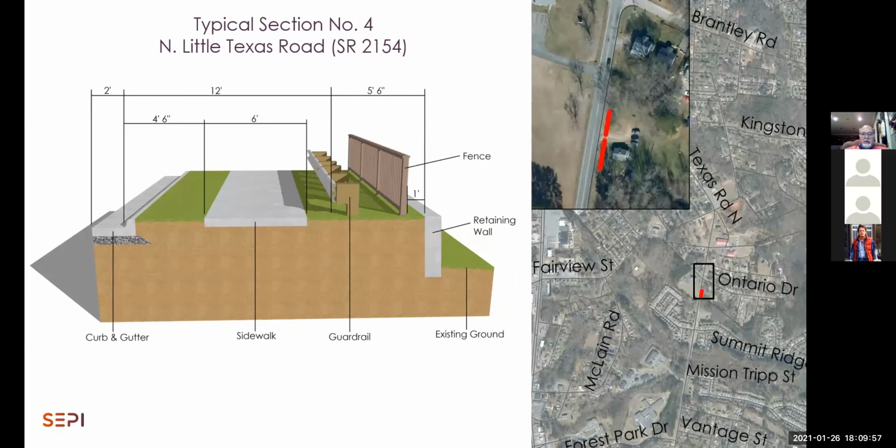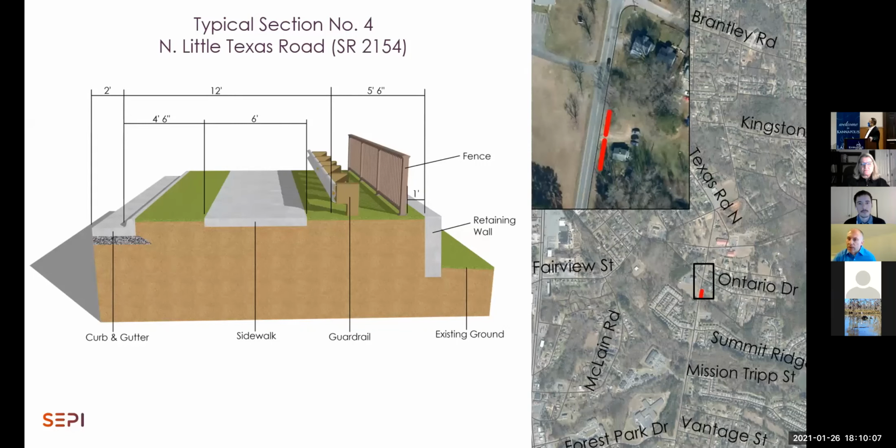There is one section south of Ontario Drive that does have some physical constraints just based on the existing topography of the land. If you travel this corridor a lot, maybe you've noticed, maybe you haven't. The road falls off quite a bit south of Ontario Drive. So through this section, to avoid some property constraints, we are looking at a retaining wall situation.